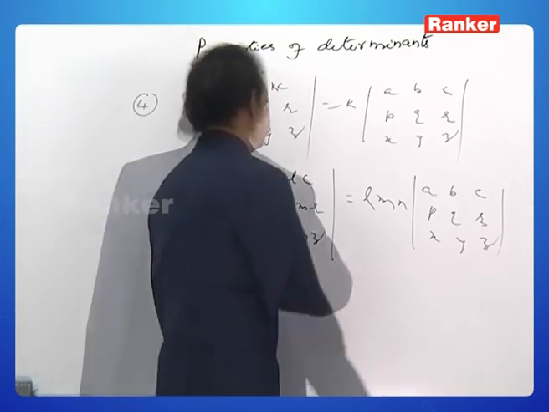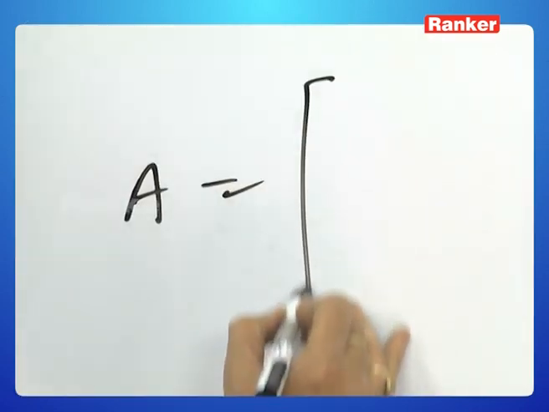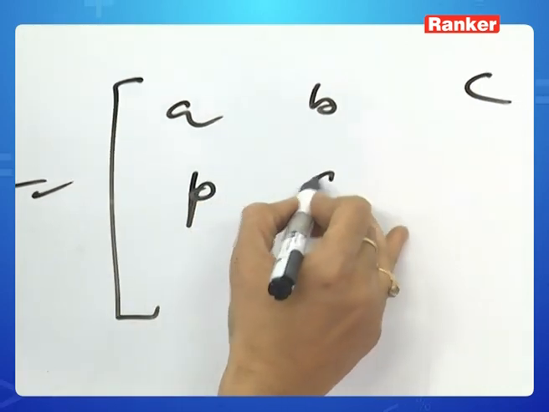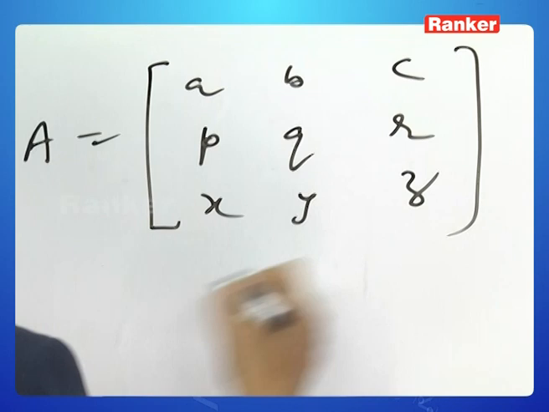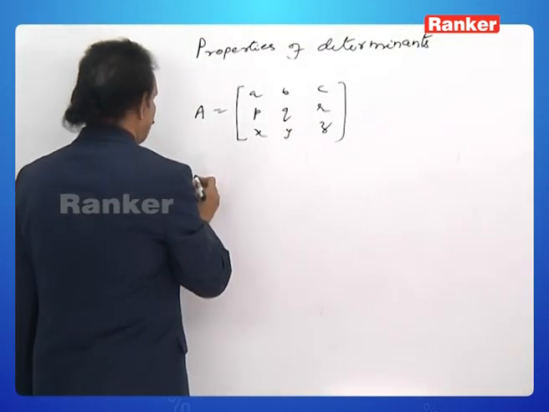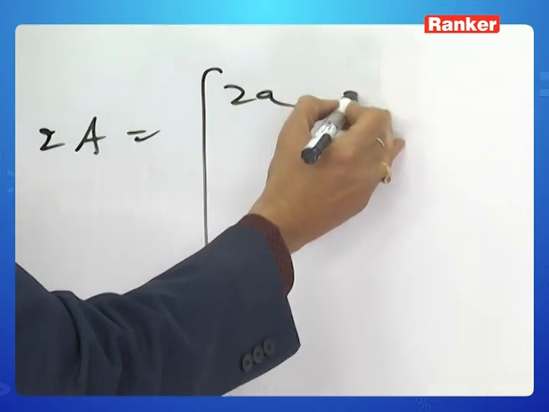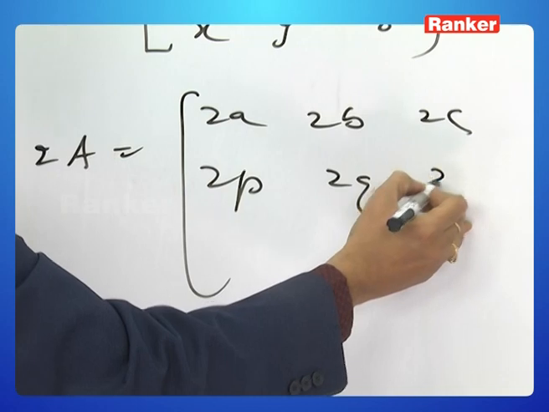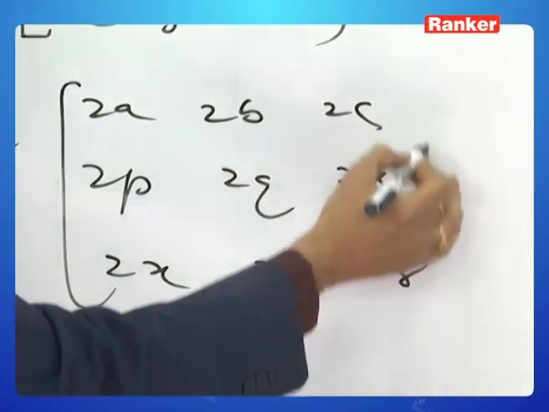Well, next, look here. A is equal to the matrix with rows A, B, C, P, Q, R, X, Y, Z. What is 2A? 2A, 2B, 2C, 2P, 2Q, 2R, 2X, 2Y, 2Z.